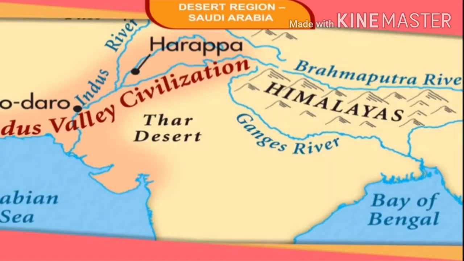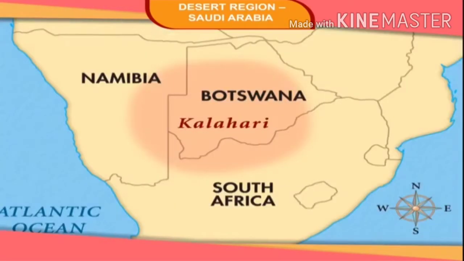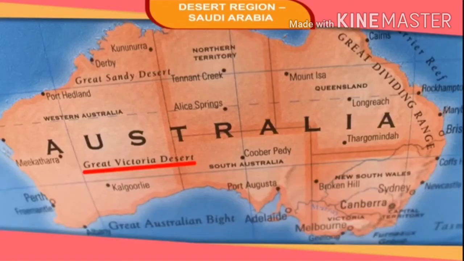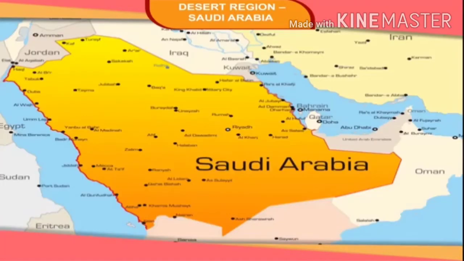the northwest of India. Some important deserts of the southern hemisphere are the Atacama Desert on the west coast of South America, the Kalahari Desert of the west coast of South Africa, the Great Victoria and the Great Sandy Deserts of Australia. For our study of the desert region, we have chosen Saudi Arabia, which occupies about 4/5 of the Arabian Peninsula.